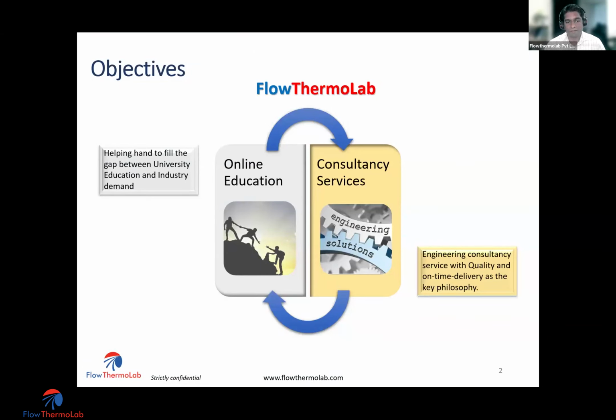One is all about online education, and the other part is consultancy services. Online education is about being a helping hand to fill the gap between university education and what the industry demands. So we bring a lot of online courses, webinars, and workshops from the right experts, so that students could easily get hired in industry.